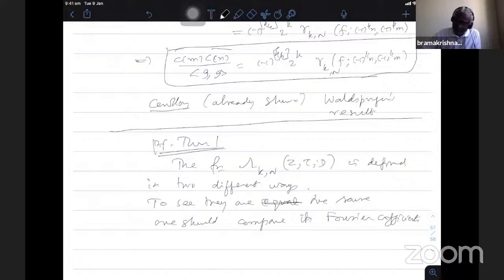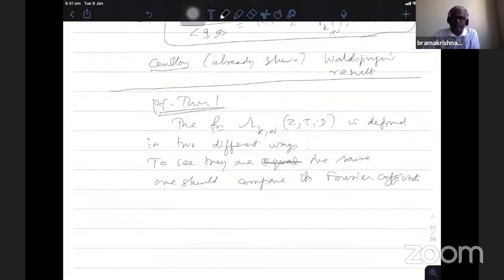Okay, so for that we need to compute the Fourier expansion of the kernel function f_{k,n}. Similarly, we have to find the Fourier expansion of the Poincare series. Again, they are standard ones, which we'll give now.